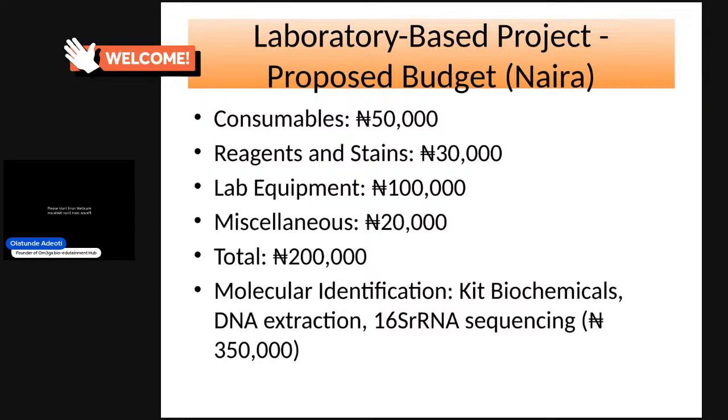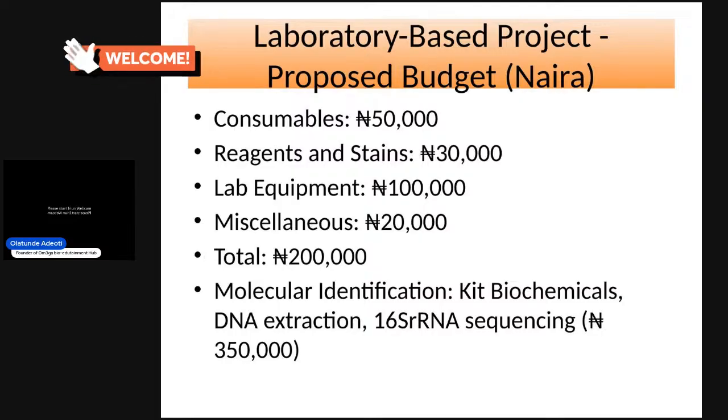So there are reagents that you will need, and some equipment. I said we will have to put a microscope and some other things in proper shape. Other things we need, then molecular identification. After all, this is just a rough estimate, and it's not the same for everybody. This is the minimum of what you need per person.